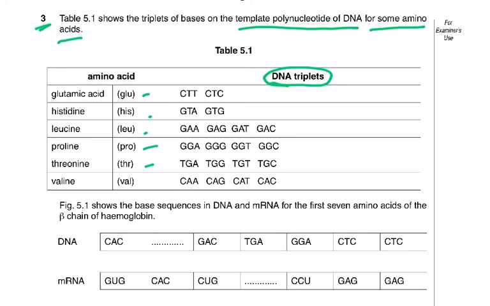You see the third base changes. You'll always see that the first and second remain the same. This third one changes. And this results at times in the same amino acid, like CTT, CTC. Now it says figure 5.1 shows the base sequences in DNA and mRNA for the first 7 amino acids of the beta chain of hemoglobin.